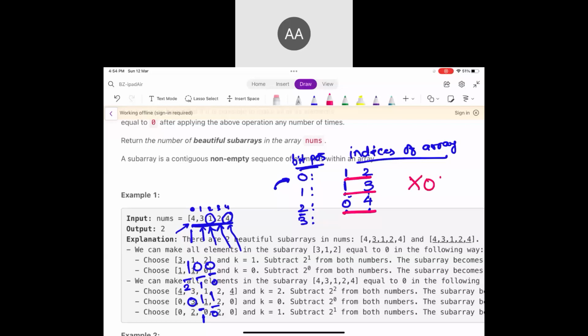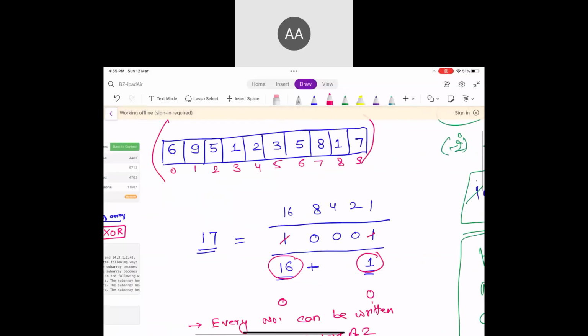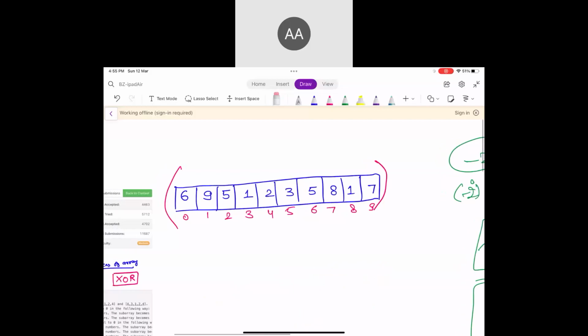We know that two numbers having the same bit position set, if you do XOR of them, that reduces to 0. So ultimately we are trying to find out if indices of the array make the subarray XOR to be 0.